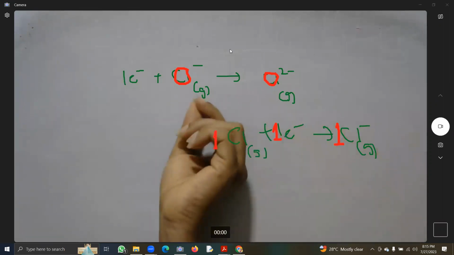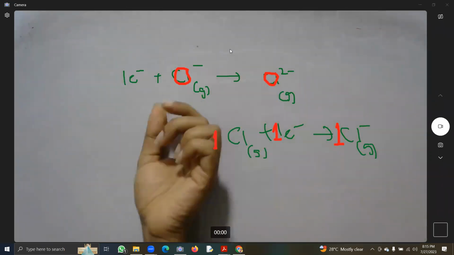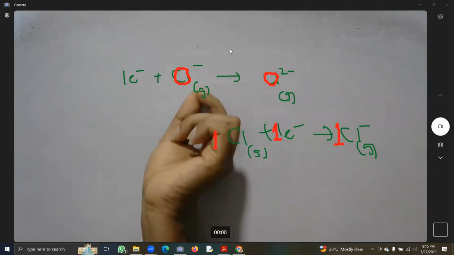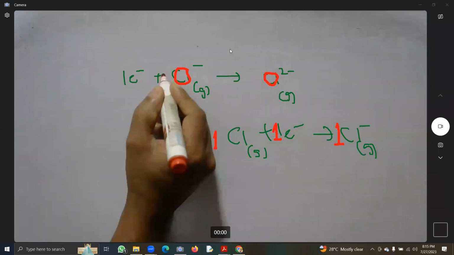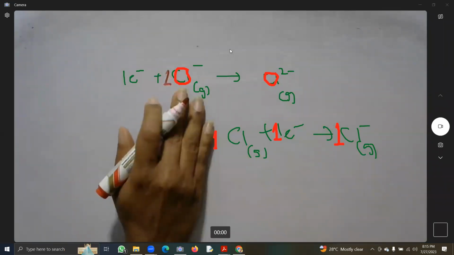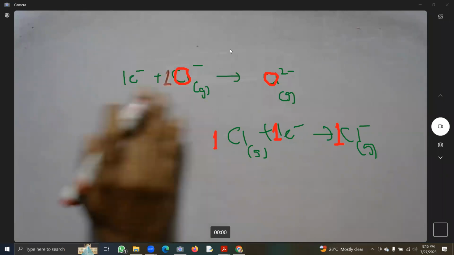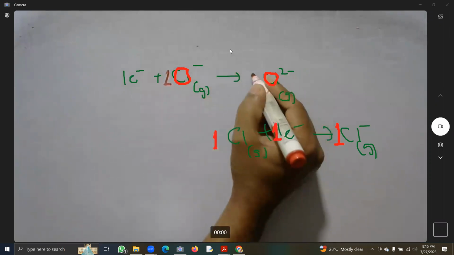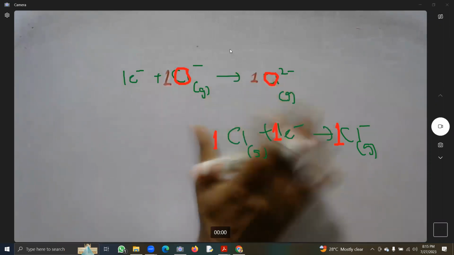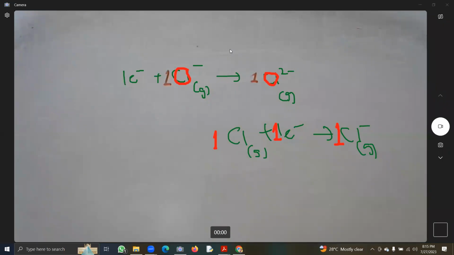This is the second electron affinity: 1 mole of gaseous -1 ion gaining 1 mole of electron forming 1 mole of gaseous 2 minus ions. It's very easy when you read with the rhythm.